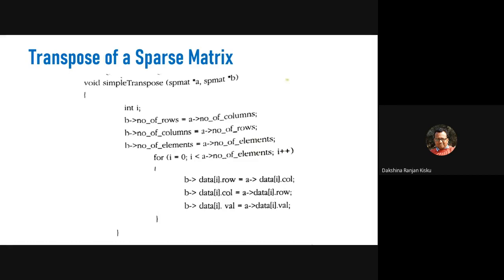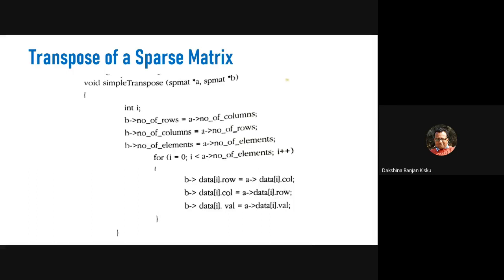Now, how to obtain the transpose of a sparse matrix? Here we have a simple algorithm for getting the transpose of a sparse matrix. Here A is the original sparse matrix, and B will be the resultant matrix.